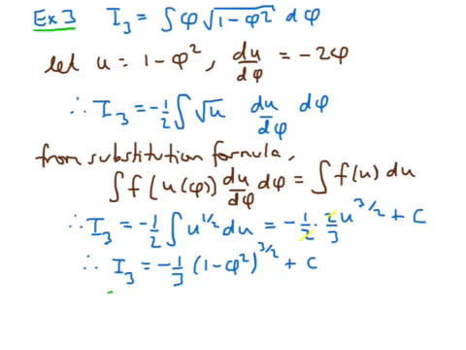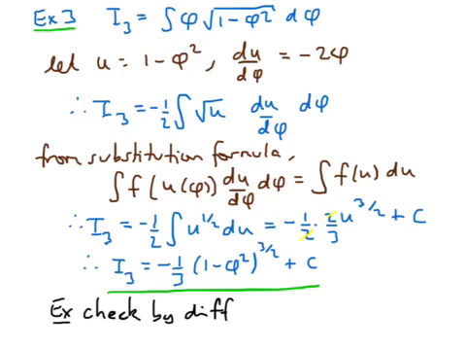And that's our result, and I will leave that for you as an exercise to check. It's identical to the previous example except for another sign, so check by differentiation. And as I say, that is just the previous case but with an extra minus sign in the argument of the square root. So with that we can move on to the next example.